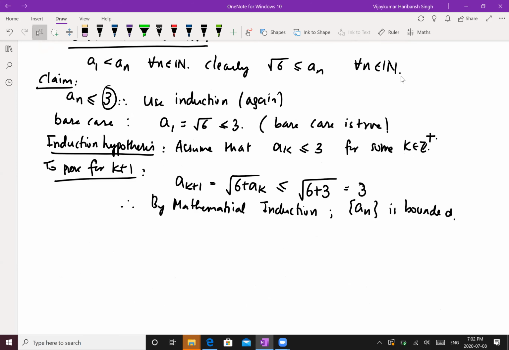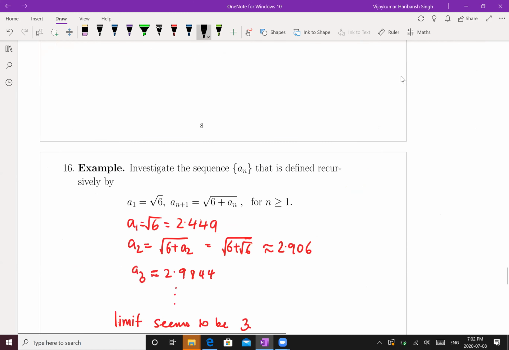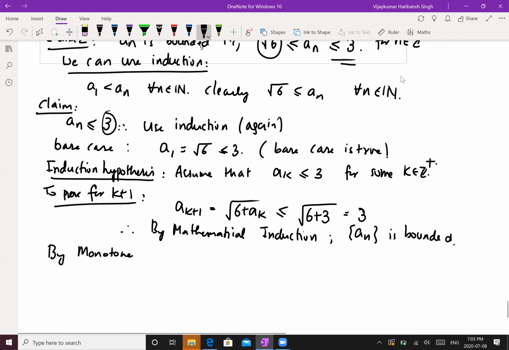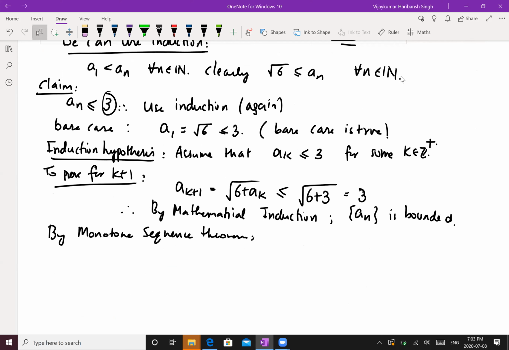So by the monotone sequence theorem, we have that a_n converges, because it is monotone and bounded.